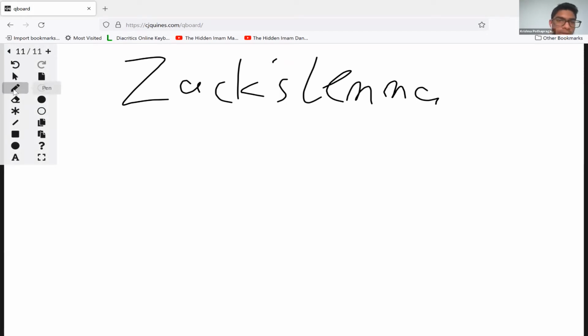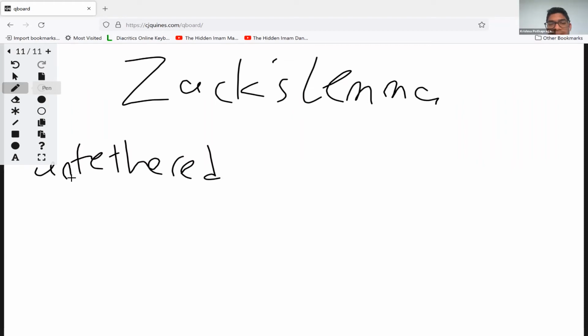So first, you're going to hear sometimes people, mostly Evan Chen, say tethered and then untethered moving points. And Zack's lemma and everything we'll be discussing is part of untethered moving points, because tethered moving points is basically just untethered moving points where all the degrees of all the points and lines are 1 or 2.